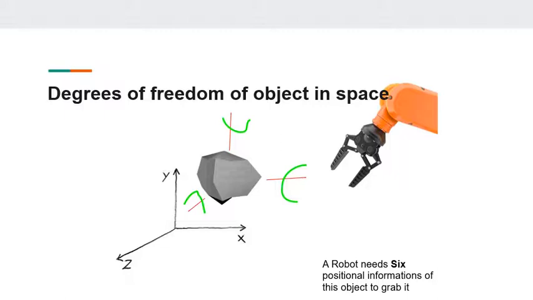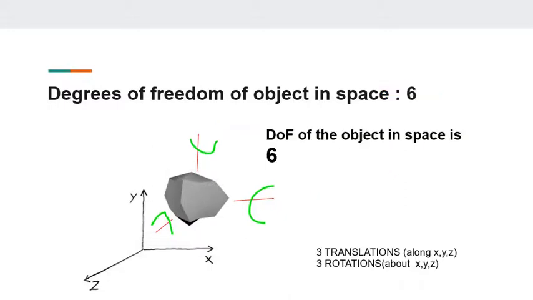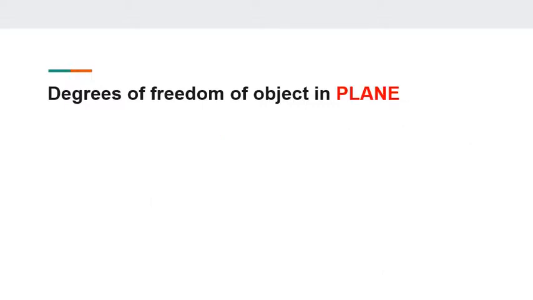Or we could say in other words that if an object is completely free to move in space, a robot needs 6 positional pieces of information of this object to correctly grab it. So, the degrees of freedom of an object in space is 6. But in our studies, most of the links are not free to move in space.